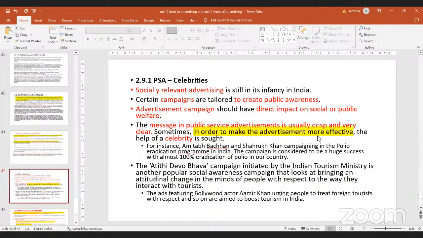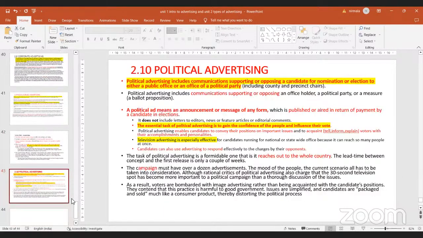And Beti Bachao, Beti Padhao, where the Prime Minister himself used to speak about the campaign. So all this is part of social advertising, meant for the common public, where no commercial elements are involved.